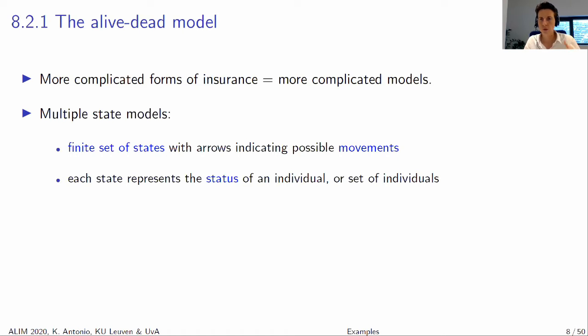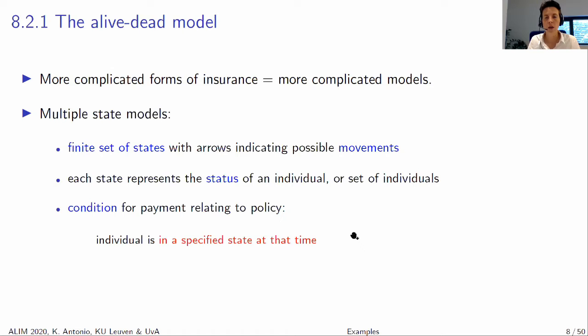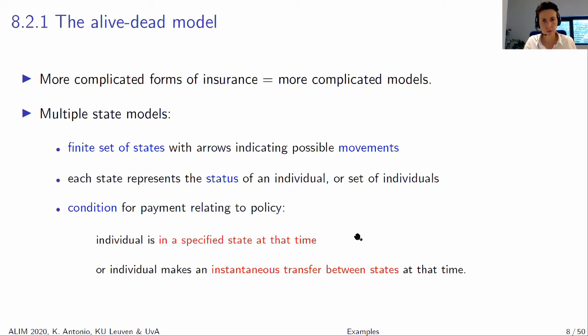Each state represents the status of an individual or a group of individuals. And if you look at the insurance products designed based on such state representations, then the condition for payment relating to this insurance policy could be that you occupy a certain state at a certain time, or that you make the transition from one state to another state.